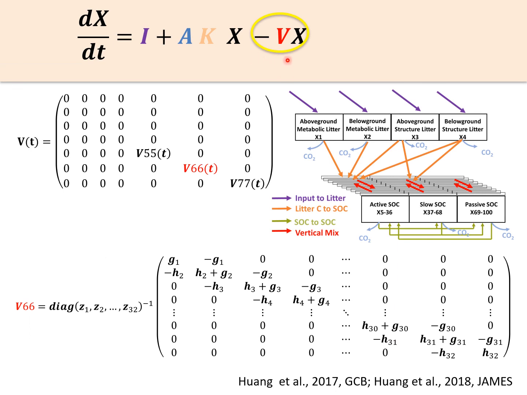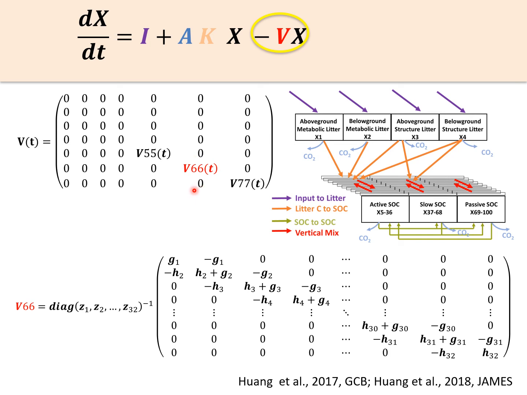The vertical transfer matrix, the V matrix, can be represented by this block matrix. As you can see, most elements in this block matrix are 0, except those for active, slow, and passive soil organic carbon. I will take the slow soil organic carbon as an example.